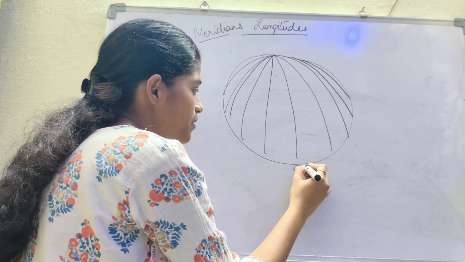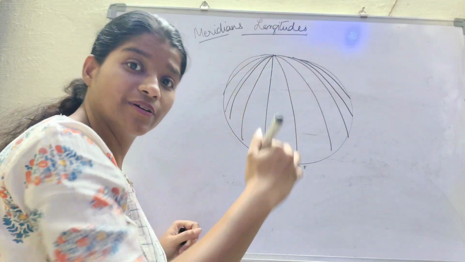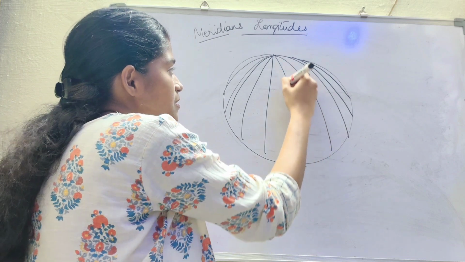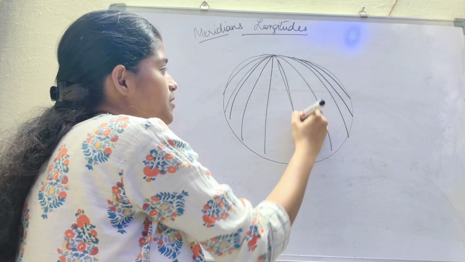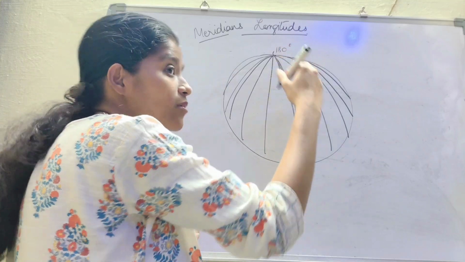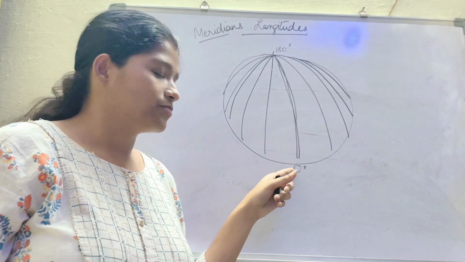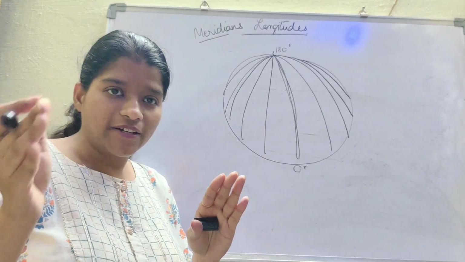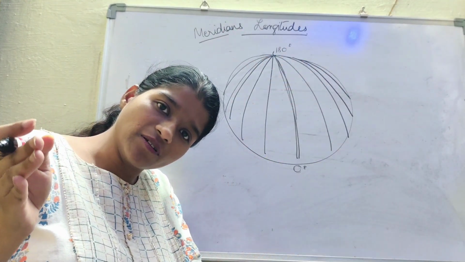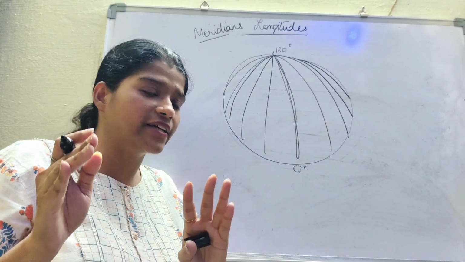The line which lies just diametrically opposite to 0 degree, on the other side, is called the 180 degree line. So on one side of the globe it is 0 degree, and on the other side, diametrically opposite, is the 180 degree line.